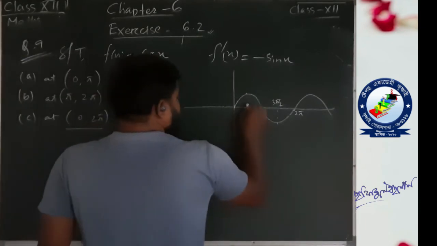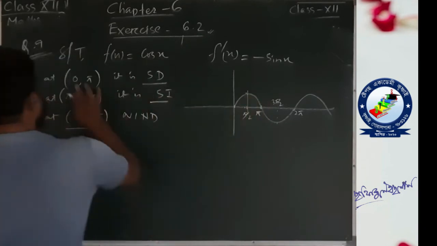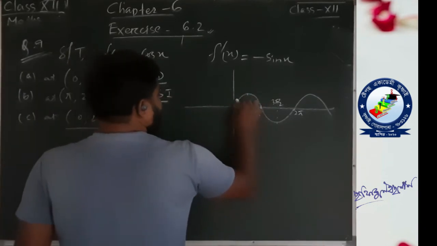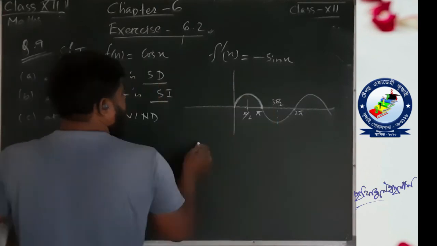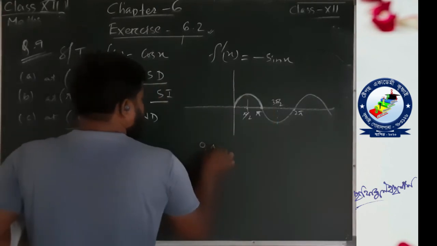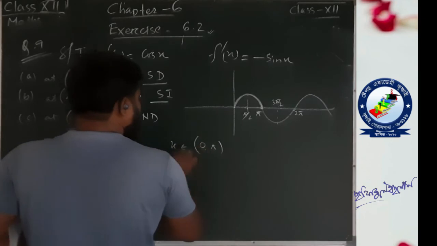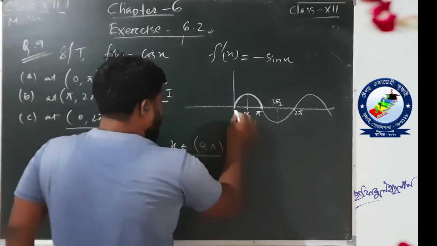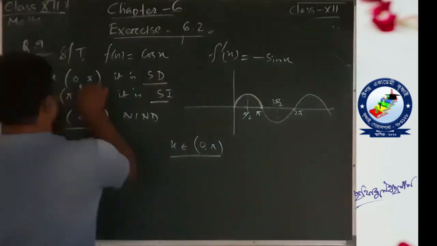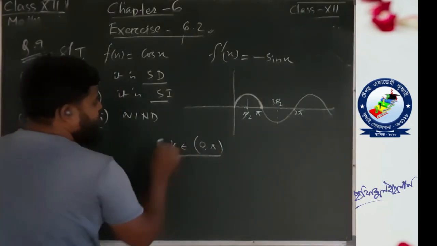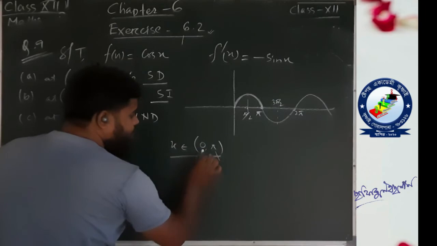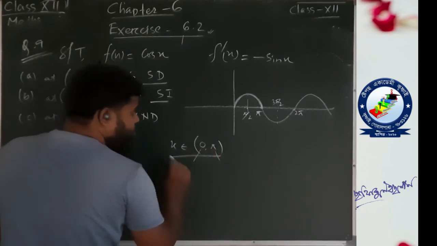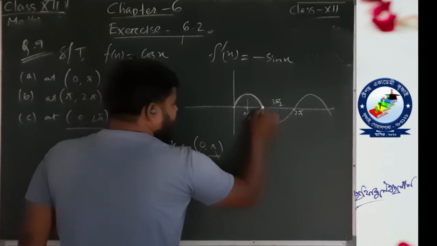Now see, from 0 to pi, if x belongs to the open interval 0 to pi, that means 0 and pi are not included. Since this is an open interval, we do not take 0 and pi, because at 0 it is 0, at pi it is 0.